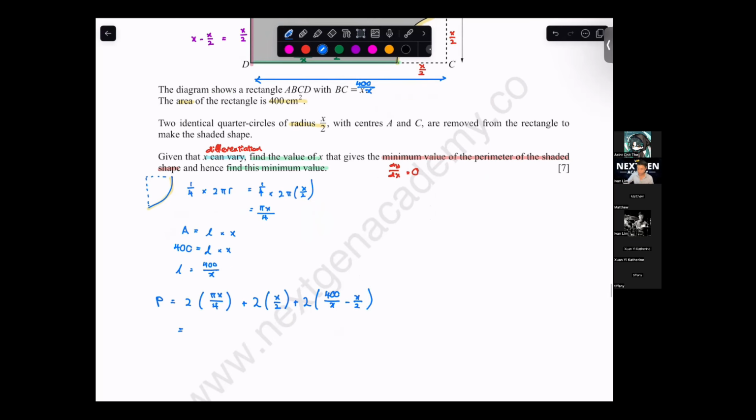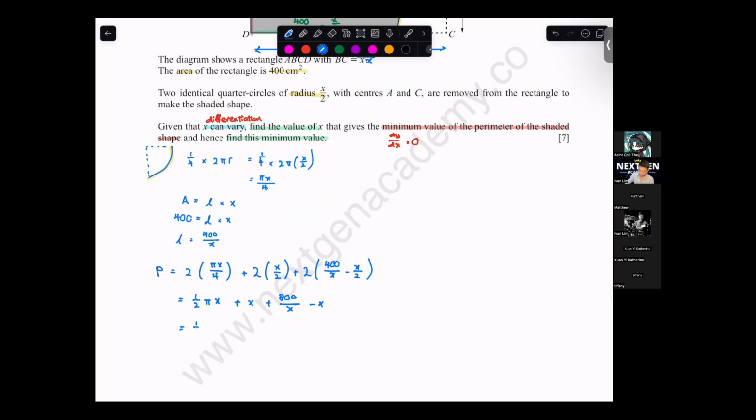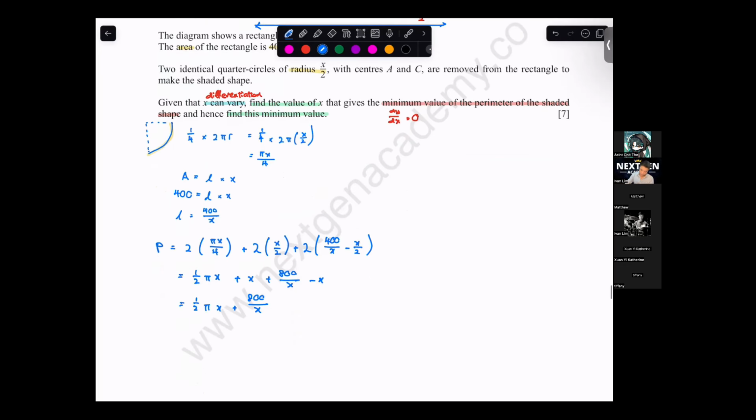Let's simplify this entire thing, which will get 1 over 2 pi x plus 800 over x minus x, which will get 1 over 2 pi x plus 800 over x. Okay, we have p.